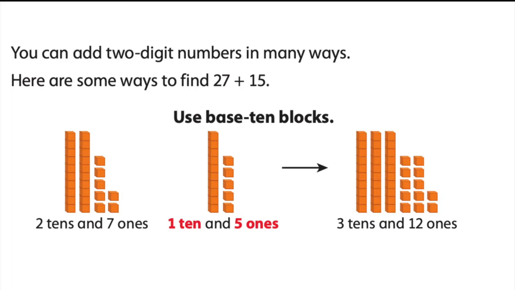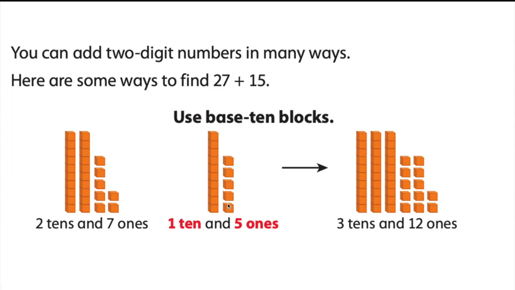Now there are other ways you could picture this, or other strategies that are similar that you could use to solve the problem. This is quite close to what we did with the stacks of cans. You could build it with base 10 blocks, the tens and ones. 27 is 2 strips of 10 and 7 ones. 15 is 1 ten and 5 ones.